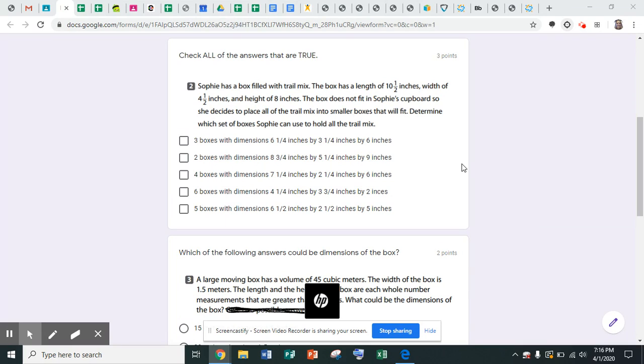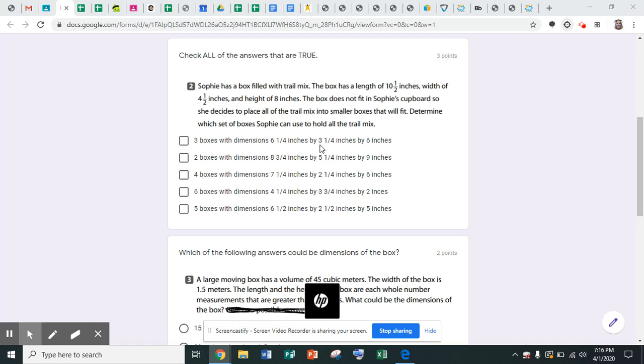So I need for you to figure out which one of those will fit the trail mix, because the box does not fit into her cabinet. She needs to know which one of these will fit, and you mark all of the answers that are true.